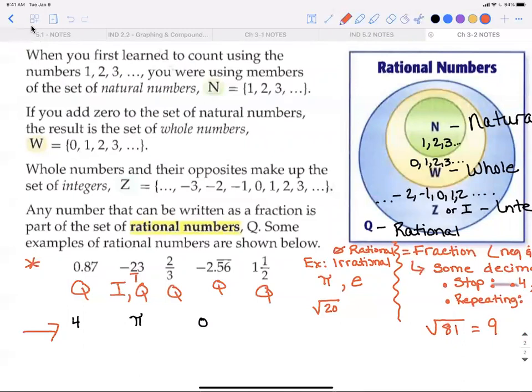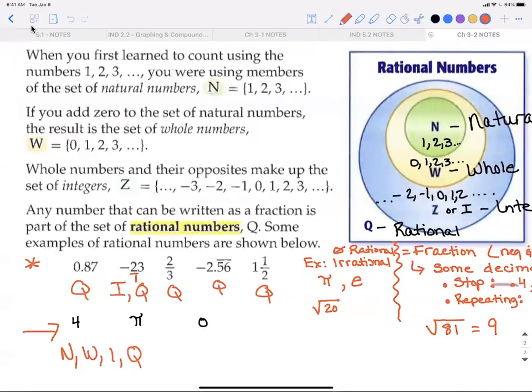Okay, it's natural, which means I blow out to what? It's natural, it's whole, it's integers, and that makes it part of rational. Good. Start at the smallest part it fits and blow out and include everything else.